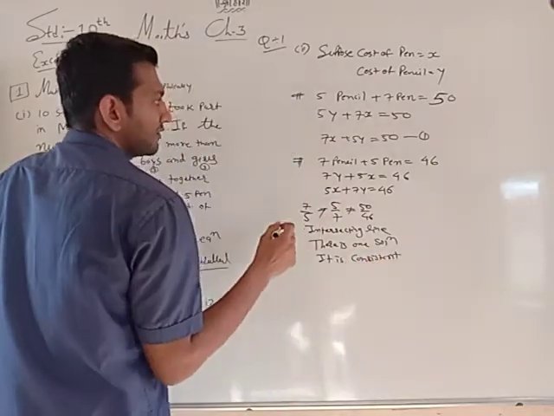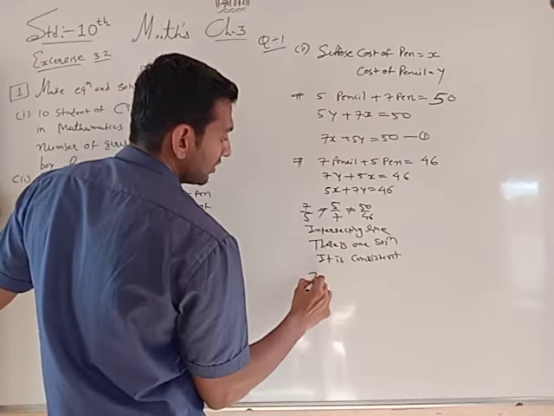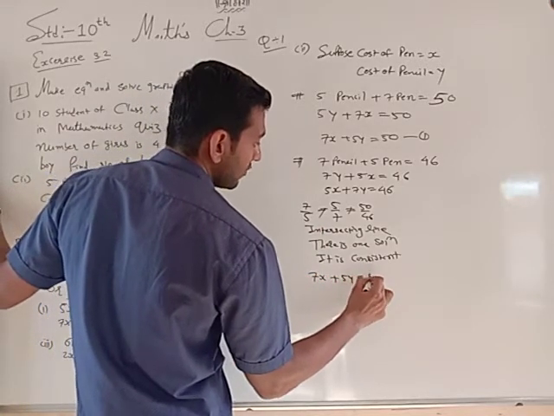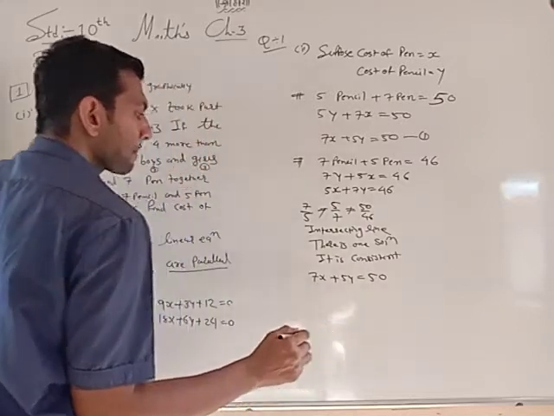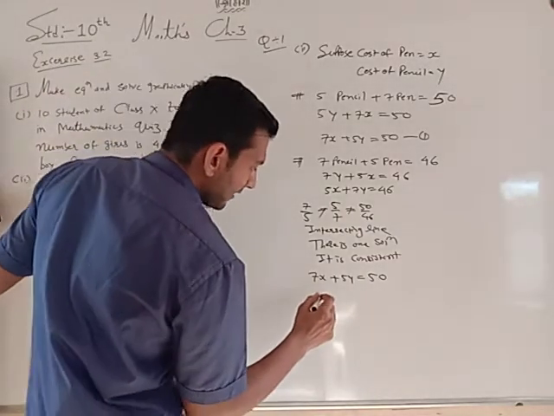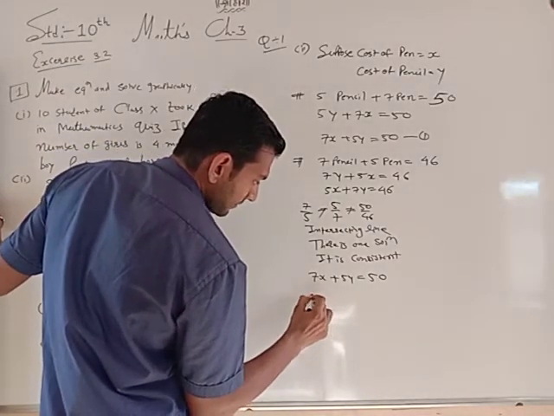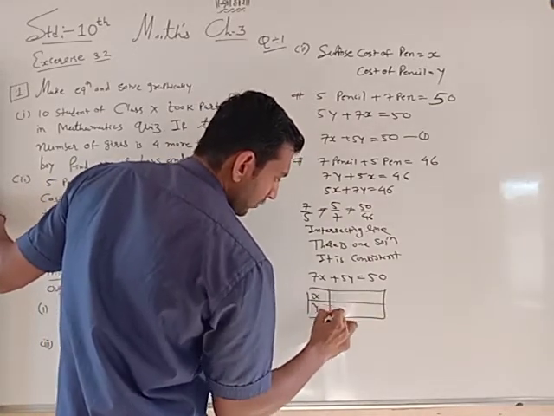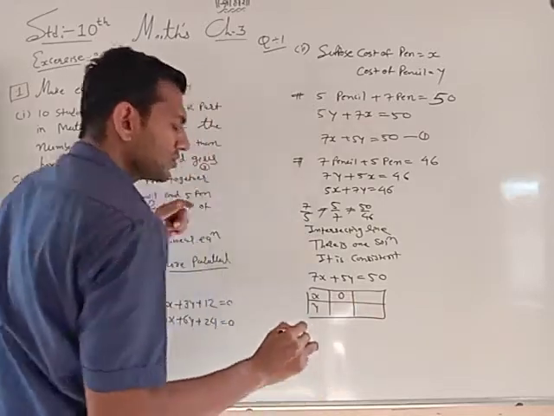Let's find the solution of the first equation, 7x plus 5y is equal to 50. In these equations, x and y, suppose we take x is equal to 0.